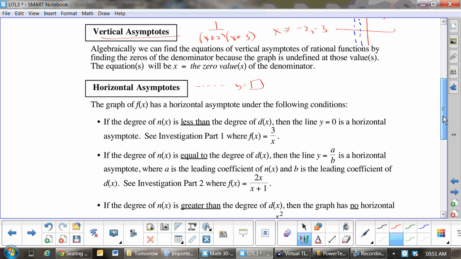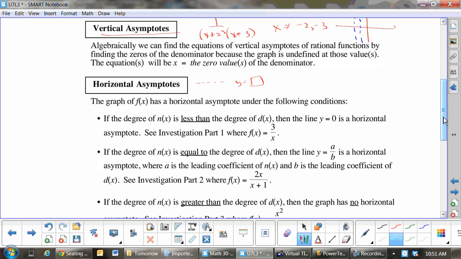Now here are the rules. Okay, rule number 1. If the degree of the numerator is less than the denominator, the asymptote will be at y equals 0.